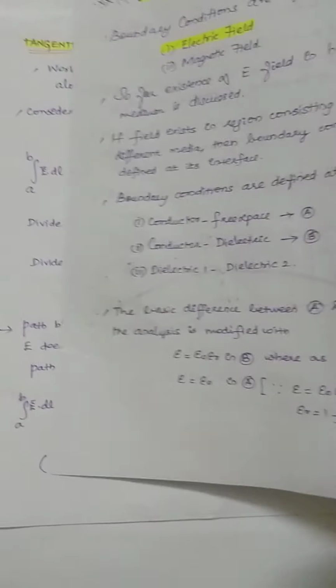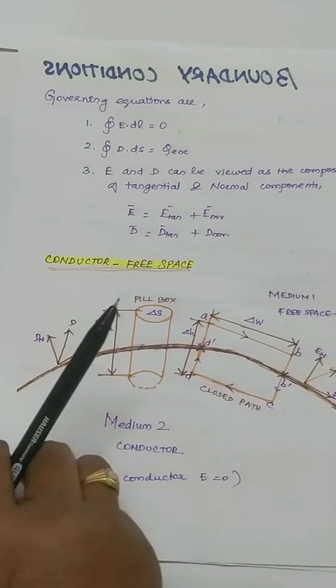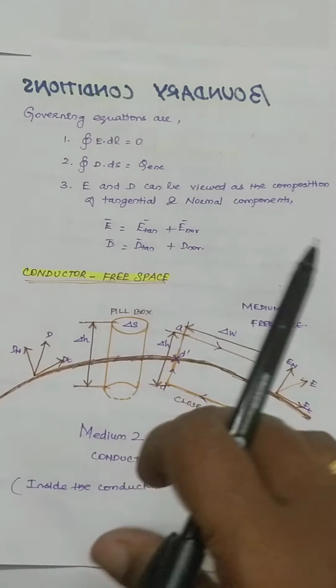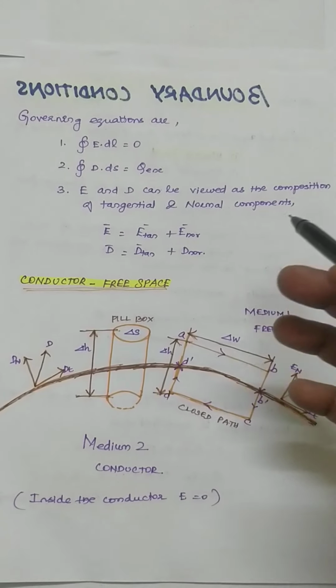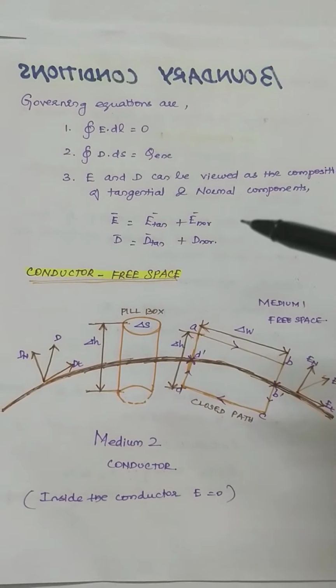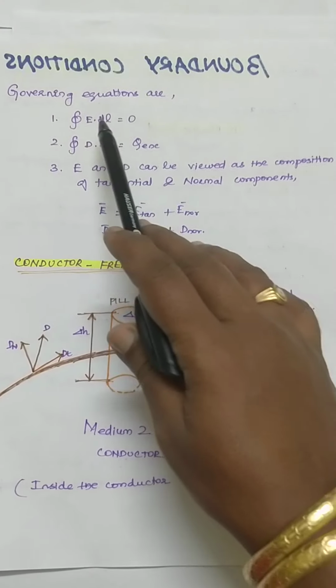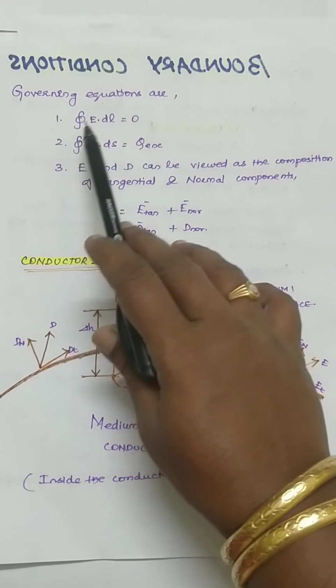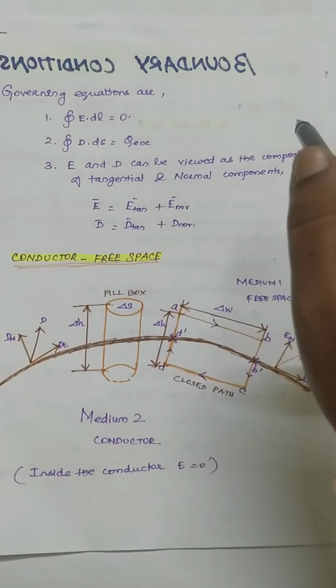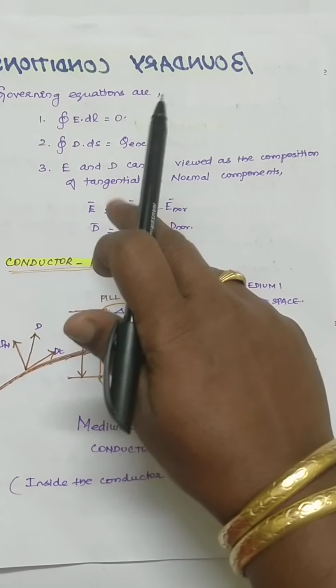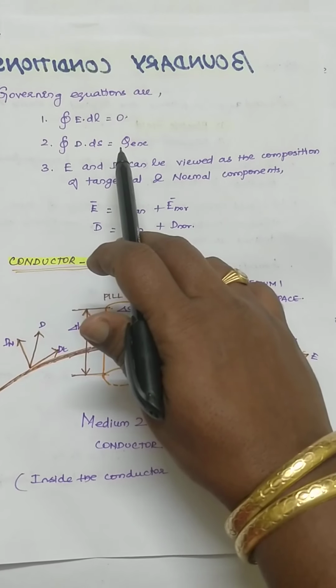Now, we will move on to the analysis of what are the governing equations. With the analysis of the previous unit, what we have learnt so far, I am choosing three sets of equations. Integral over a closed path, that is closed integral E dot dl equal to 0. This is condition number 1. The second condition is a familiar equation, Gauss law.